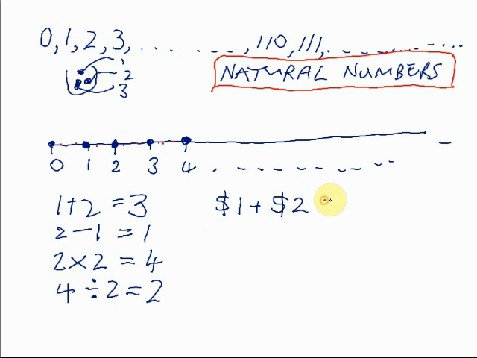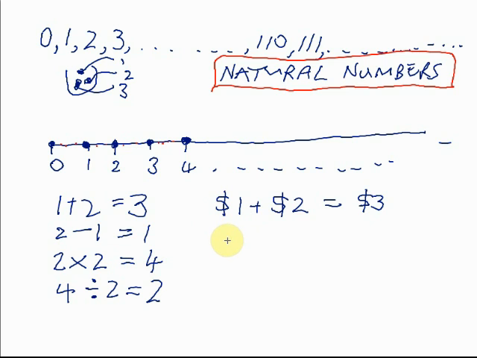And I want to know how much money I've got in total. I want to know whether I can afford this nice little bit of candy I've got on the shelf in front of me. I've got $1 in my left pocket, and I've got $2 in my right pocket. 1 plus 2, in this case dollars, gives us a total of $3. That's why addition is important, because you come across those sorts of problems in everyday life all of the time.